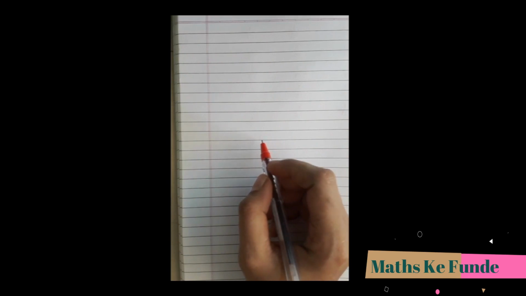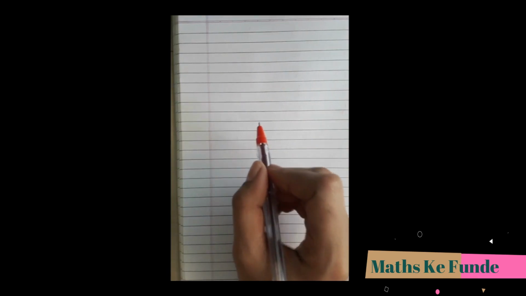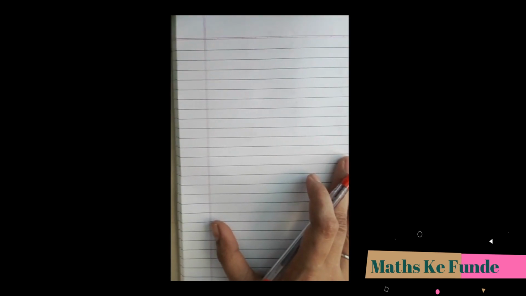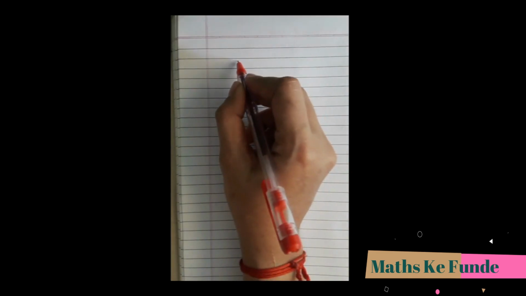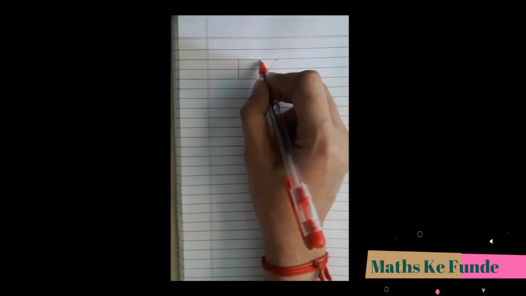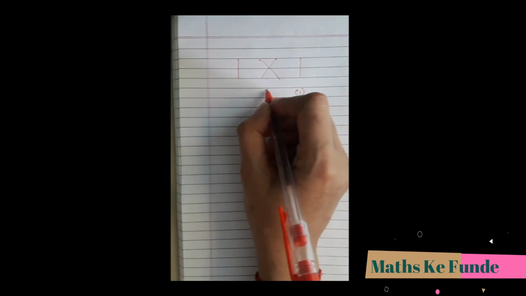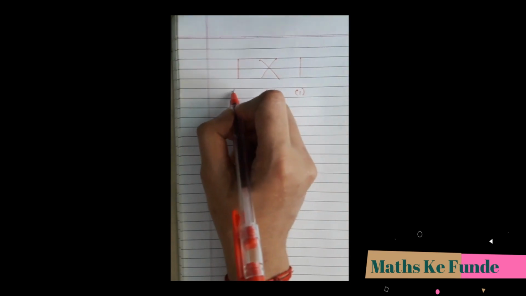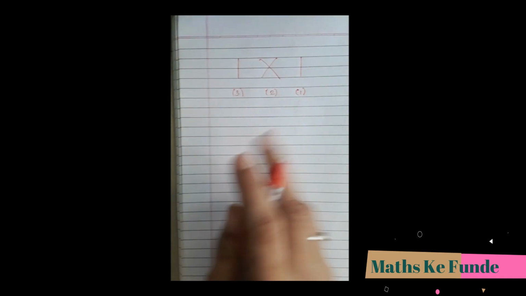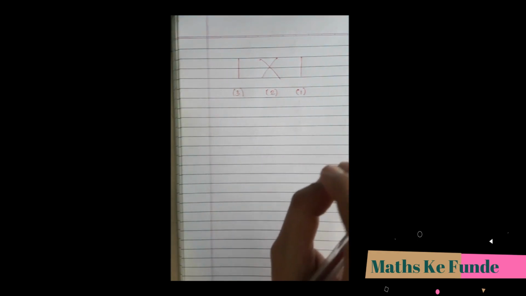The multiplication method that we will see is called the crisscross method. Now what is this crisscross method? Let me make one design, 1 cross 1. This is my step number 1, this is my step number 2, and this is my step number 3. Now what are the points you need to take into consideration?